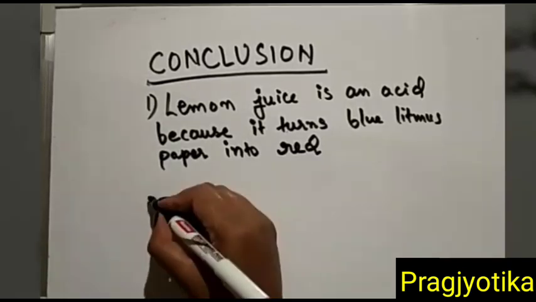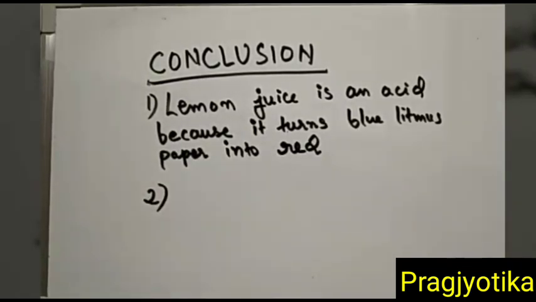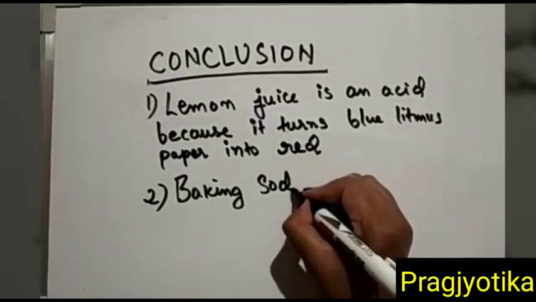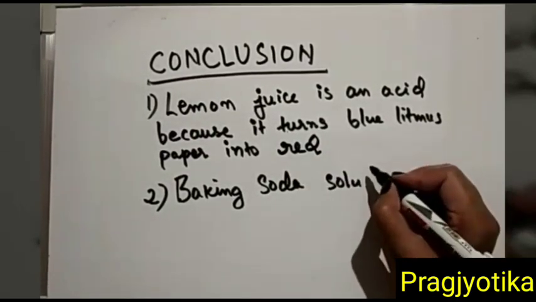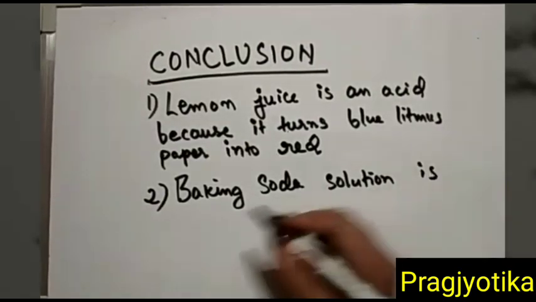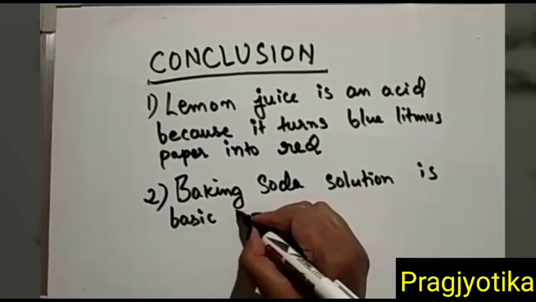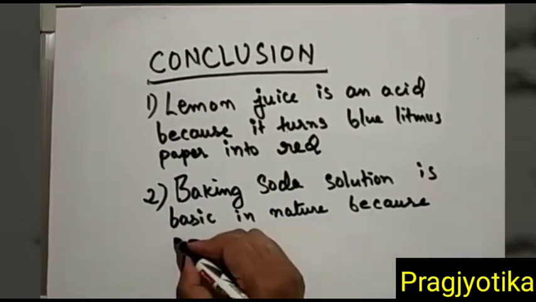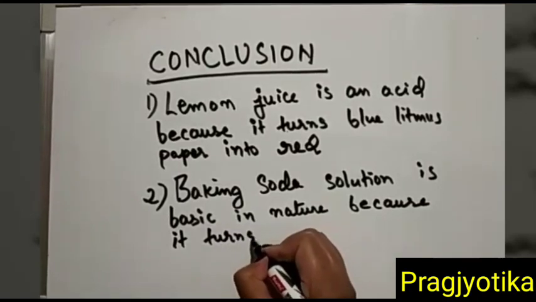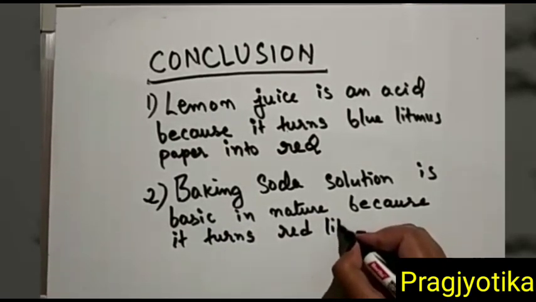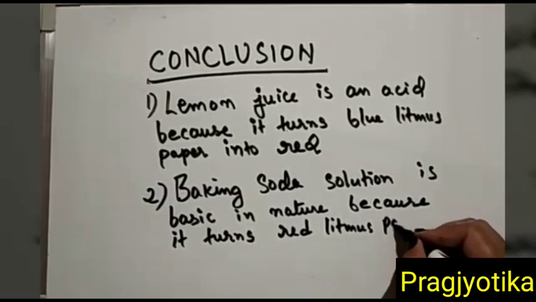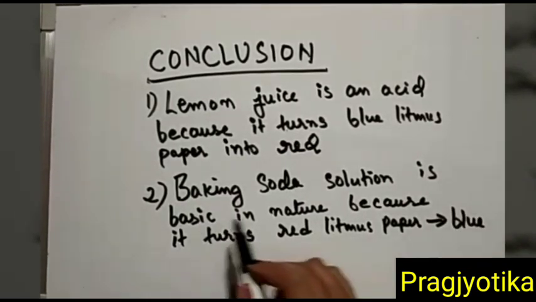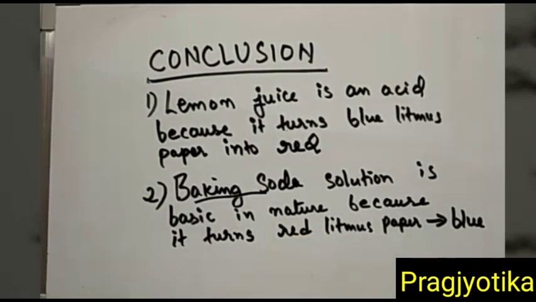And the second point is what we have observed. We have observed that baking soda solution is basic in nature because it turns red litmus paper into blue, and it has no effect on blue litmus paper.